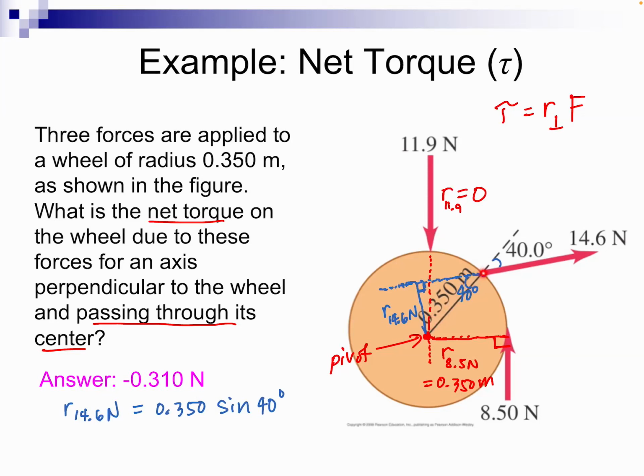The radius here, 0.35 meters, is the hypotenuse of the right angle triangle, which consists of the moment arm, the line of force, and the radius of the wheel. So the moment arm here, this side, will be 0.35 sine 40 degrees.